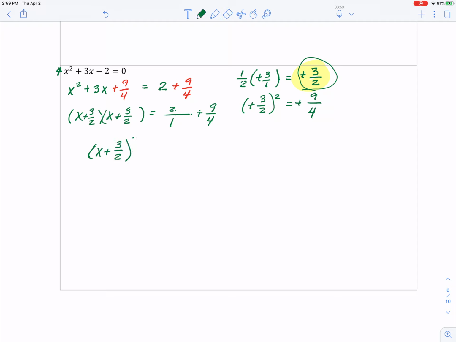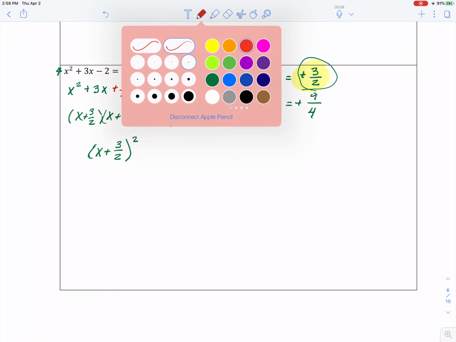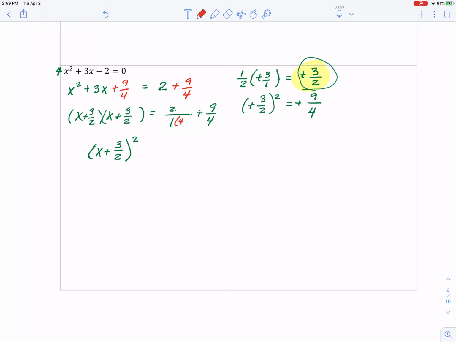And there's our goal of reaching a binomial squared. I went ahead and left some space in here so I can convert this 2 over 1 into fourths so that I have a common denominator there. So it looks like 8 fourths, which of course is still equal to 2, and 9 fourths. So I combine those two and get 17 over 4.